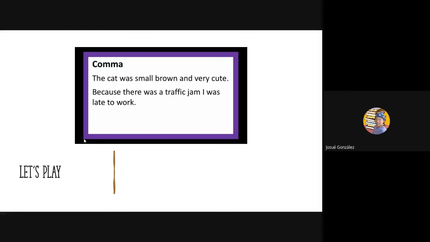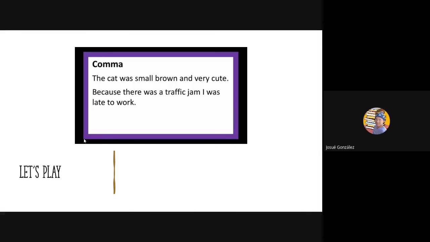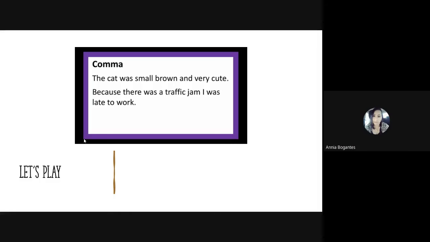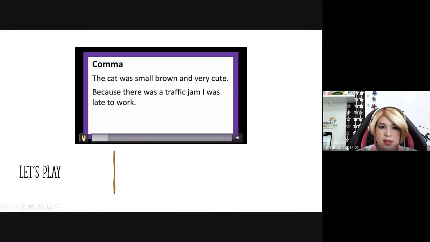After "traffic jam," comma. You are separating the second sentence. And after brown? You say after brown? Does anybody else have a different opinion? No, it's before brown, between small and brown, to separate two adjectives, two items. Okay, very good. Let's check.